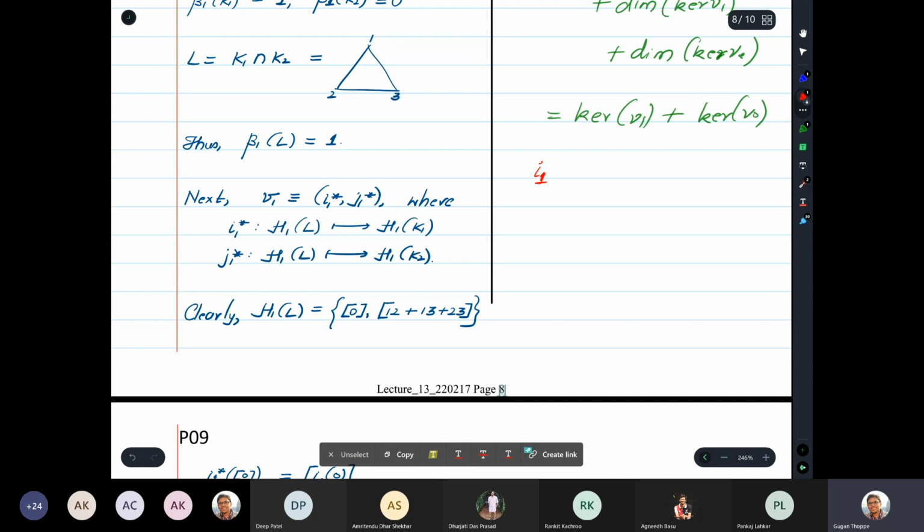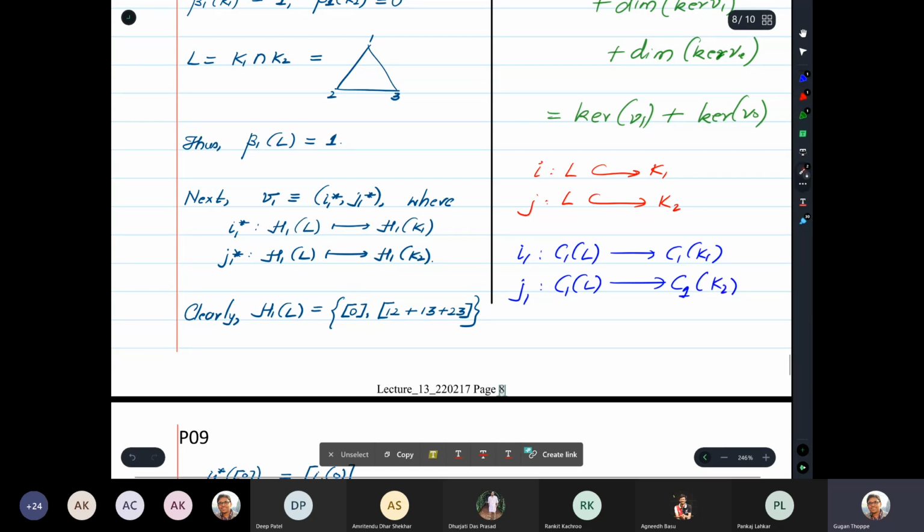So what is I1? So I is a map that goes from L to K1 and J is a map that goes from L to K2, right? So these weird arrows imply that I'm talking about inclusion operation. So I1 goes from C1 of L to C1 of K1, and similarly J1 goes from C1 of L to C1 of K2, right?